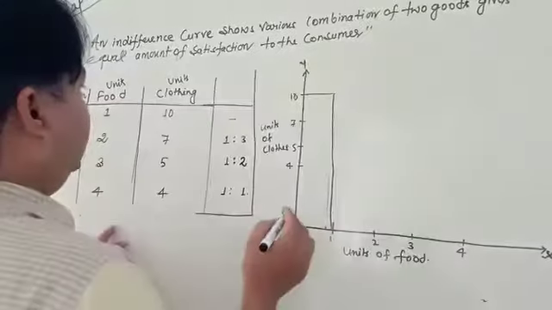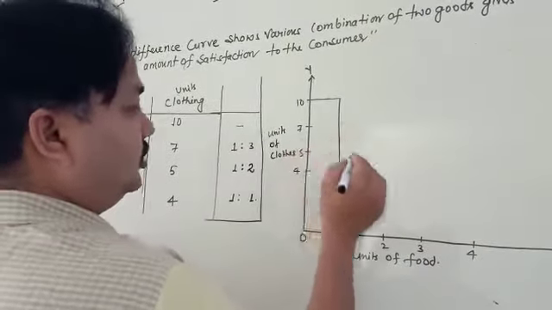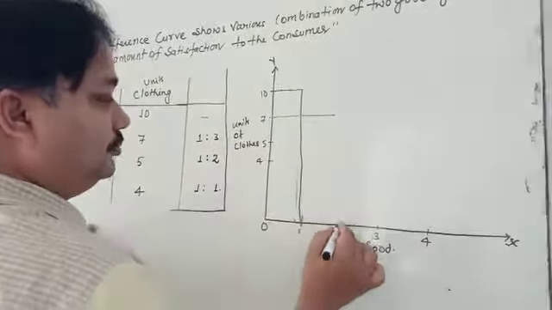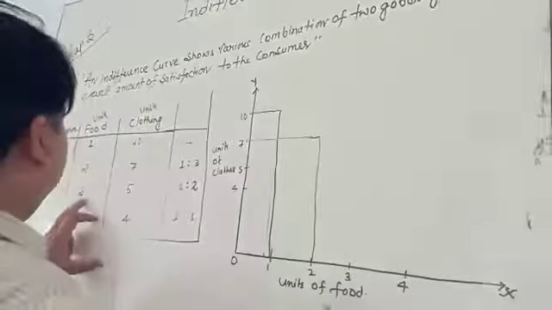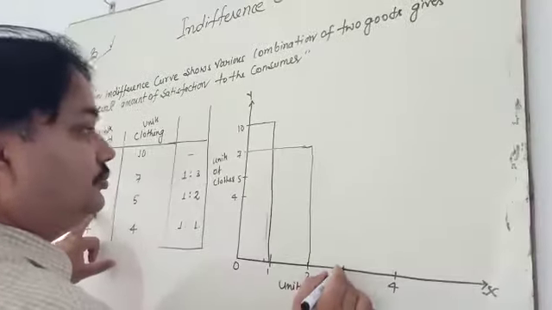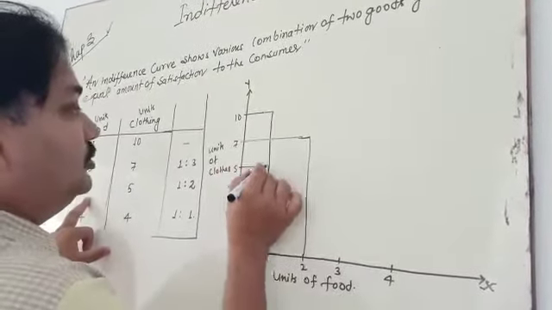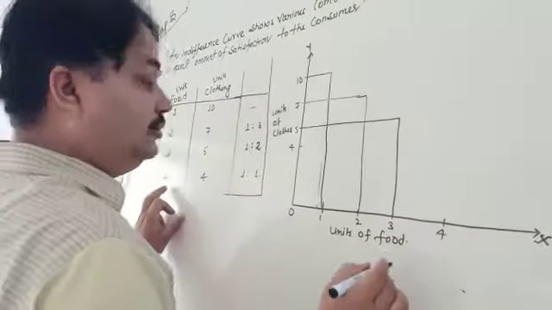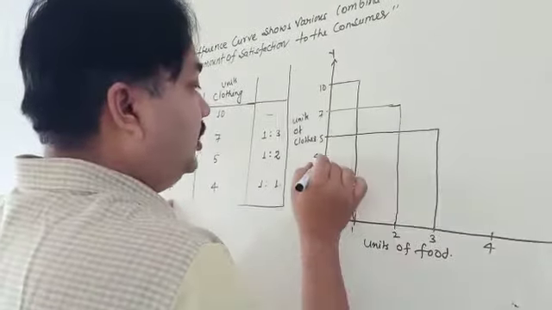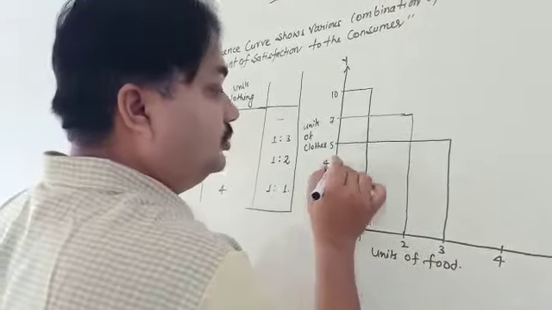Again 7 clothes, 2 food. Again 3 foods, 5 clothes. Again 4 clothes and 4 food.